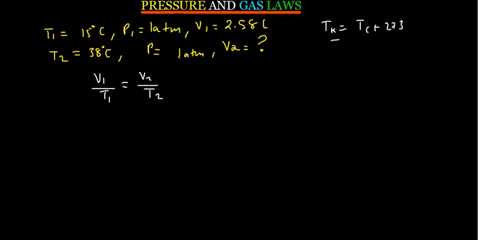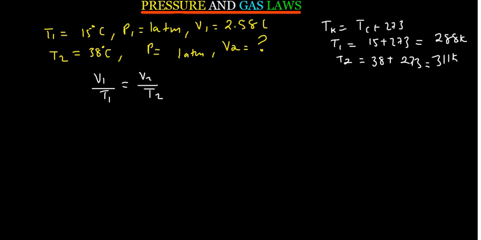Therefore T1 is 15 plus 273. In some books you see 273.15. This gives us 288 Kelvin. And then T2 is 38 plus 273, which gives us 311 Kelvin.